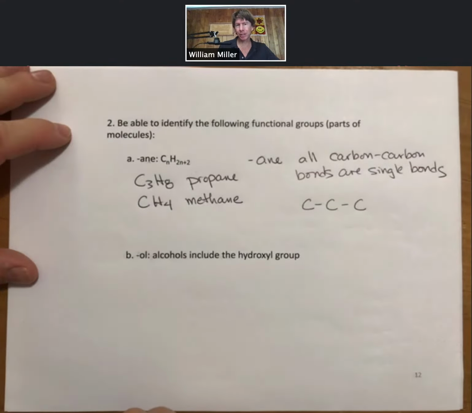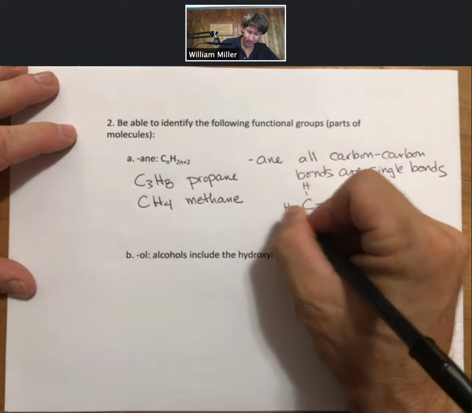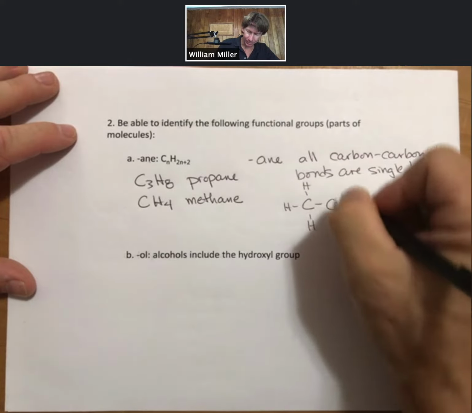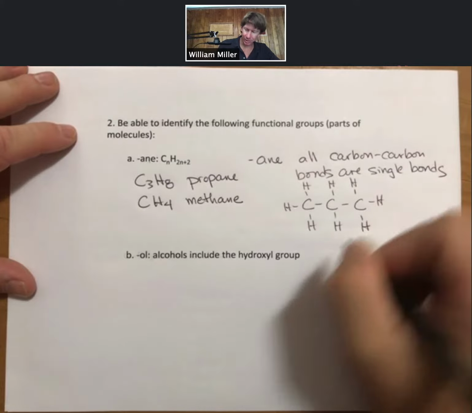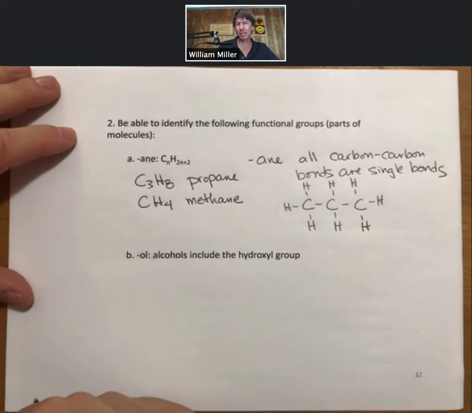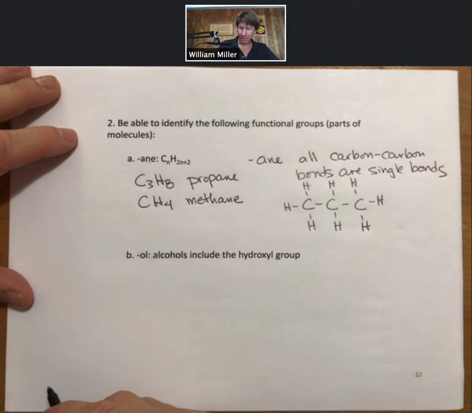All carbon-carbon bonds are single bonds, and that means that in propane, we have 3 carbons, and I'm going to draw the Lewis structure, though we're not there yet in class. In hindsight, when you look at your notes later, you'll be able to understand this a little better. But it does have all carbon-carbon bonds as single bonds.